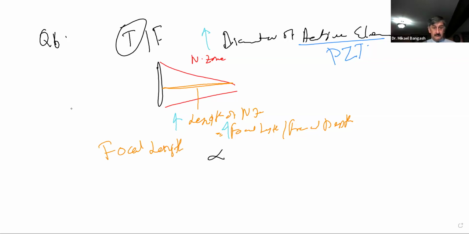Is this true? The focal length is directly proportional to the diameter of the PZT. Good morning.